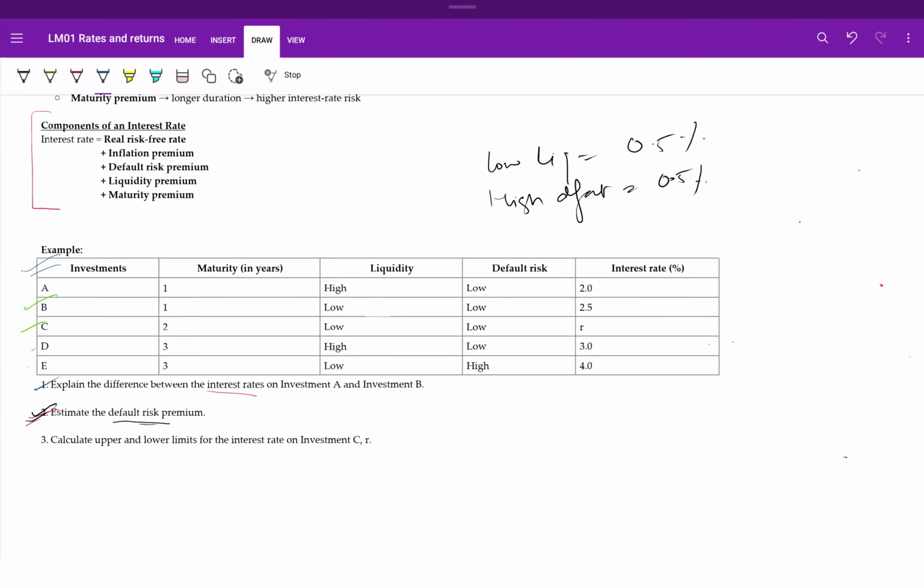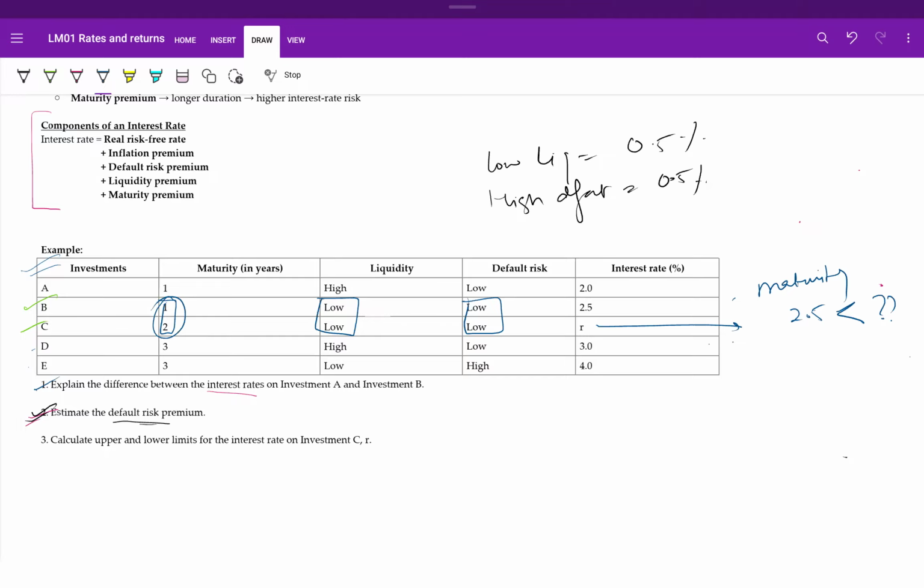When you compare 1 and 2, this is low, this is low, this is comparable. So this should be higher because of extra maturity. It should be more than 2.5, this number.